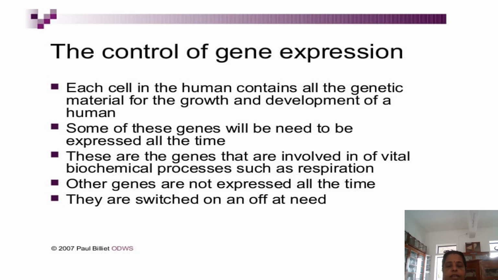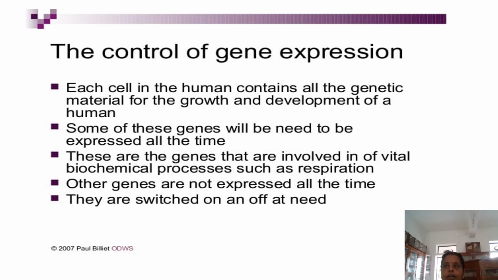Some of these genes need to be expressed all the time. These are the genes that are involved in vital biochemical processes such as respiration and all housekeeping metabolism. Other genes are not expressed all the time. They are switched on and off at need. So there are two kinds of gene expression.